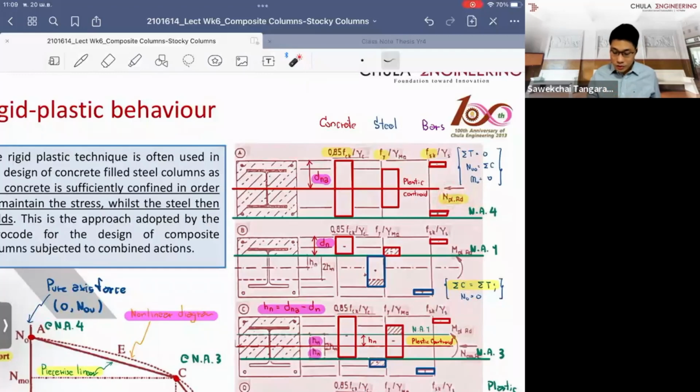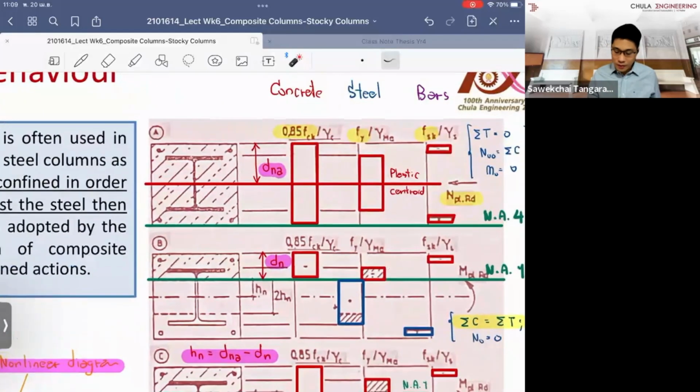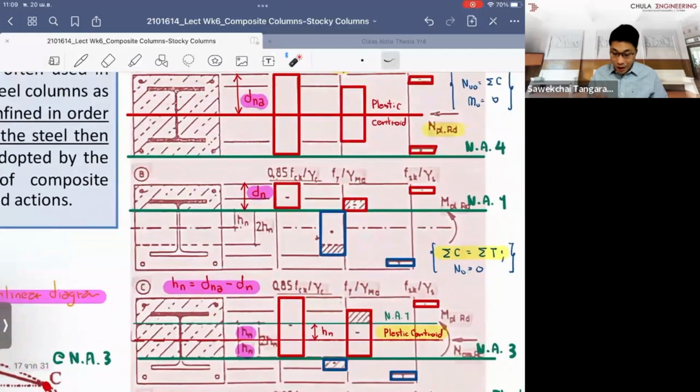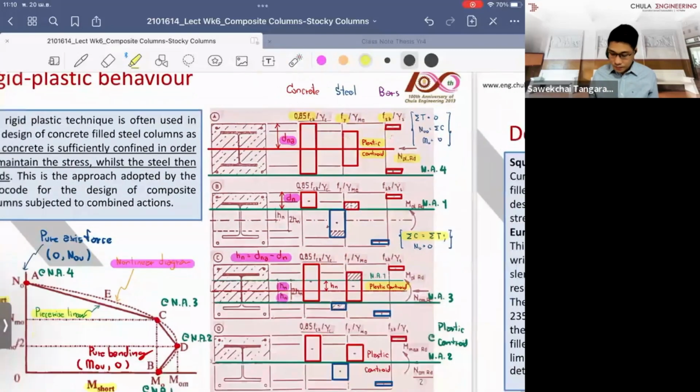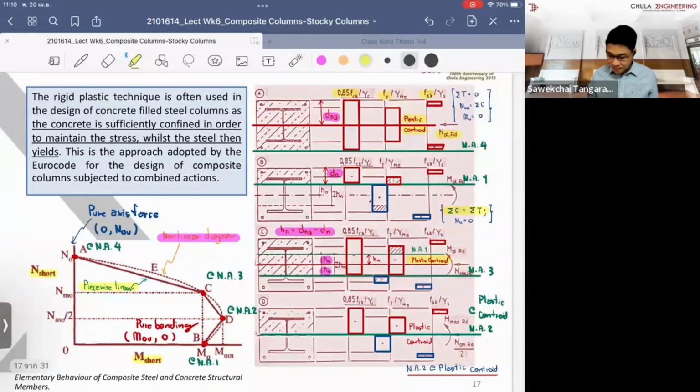Then you take the first moment of areas to calculate the bending about the plastic centroid, which is what we always refer to. So you calculate the bending about the plastic centroid for each of the diagrams, which gives you what is called the bending capacity.